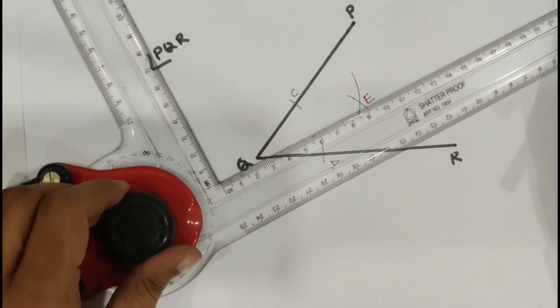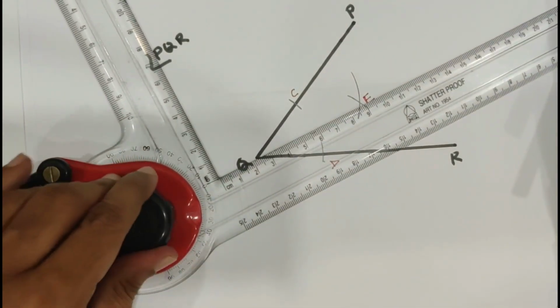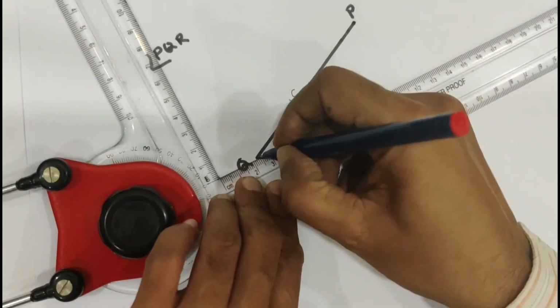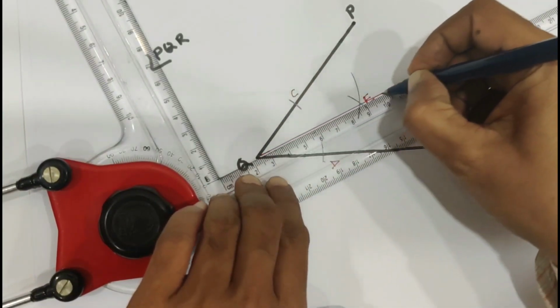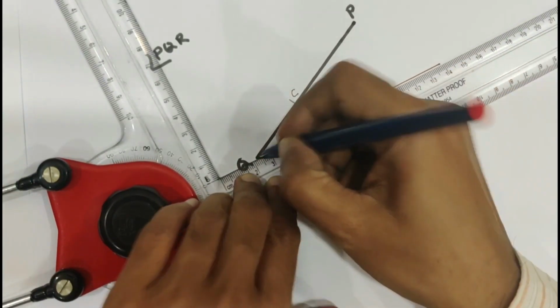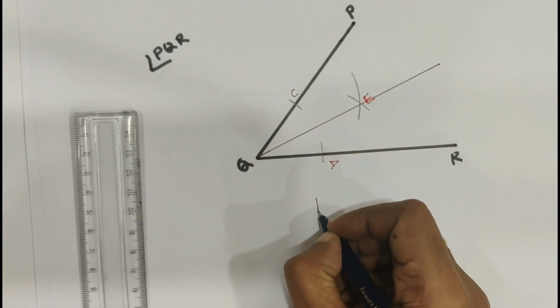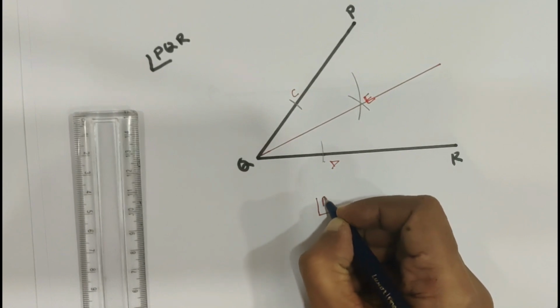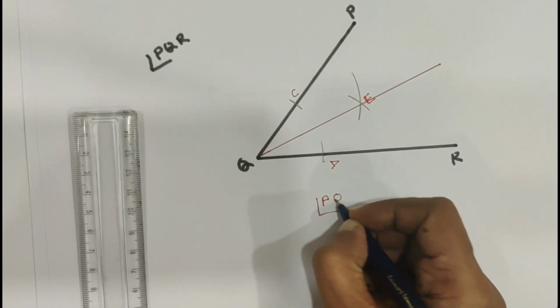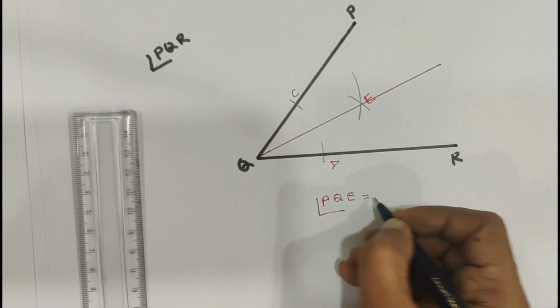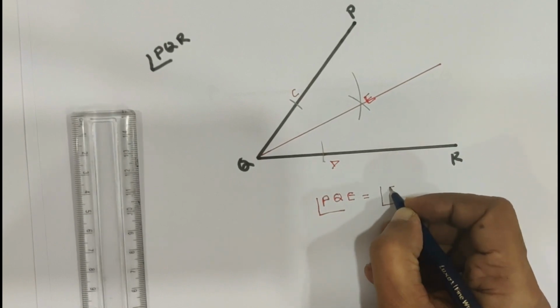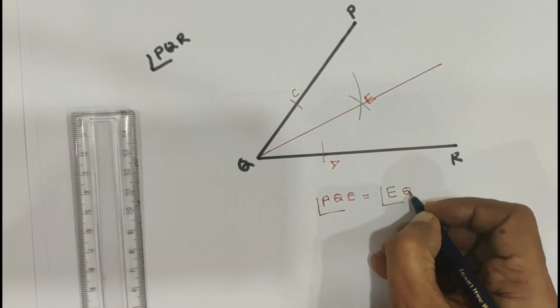Then join QE. Here angle PQE is equal to angle EQR.